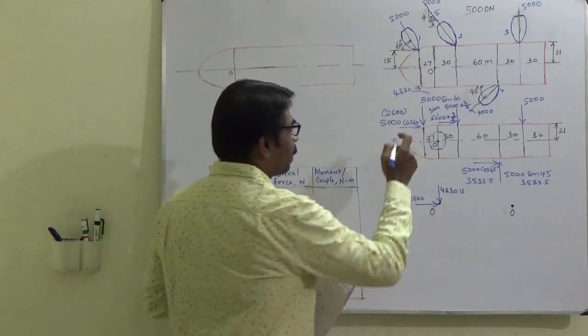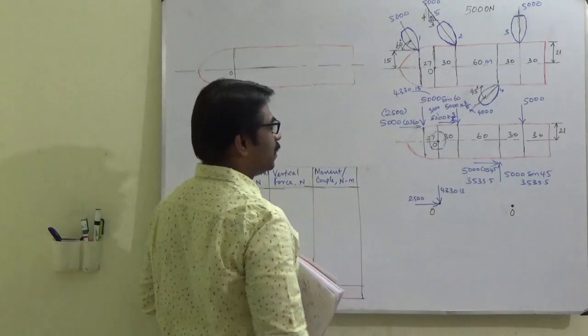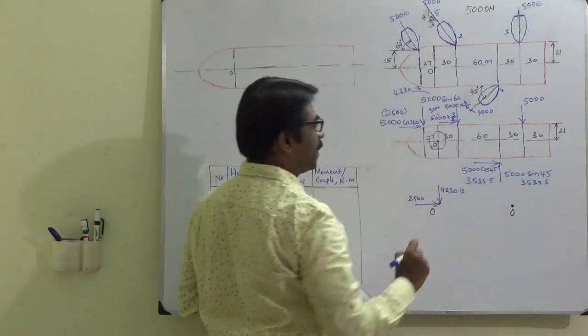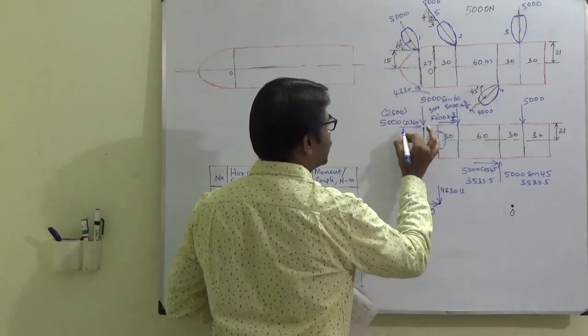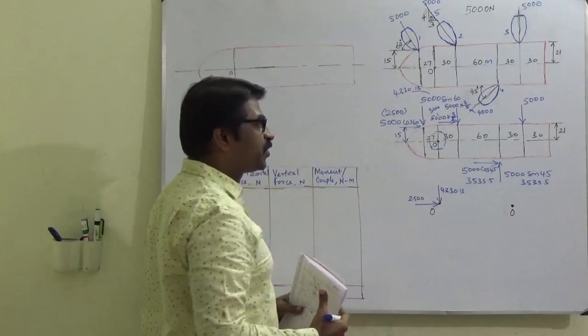Okay, so this will produce a couple about this point. So the 2500 into the perpendicular distance. Which is the perpendicular distance? This is the perpendicular distance. How do you see that?